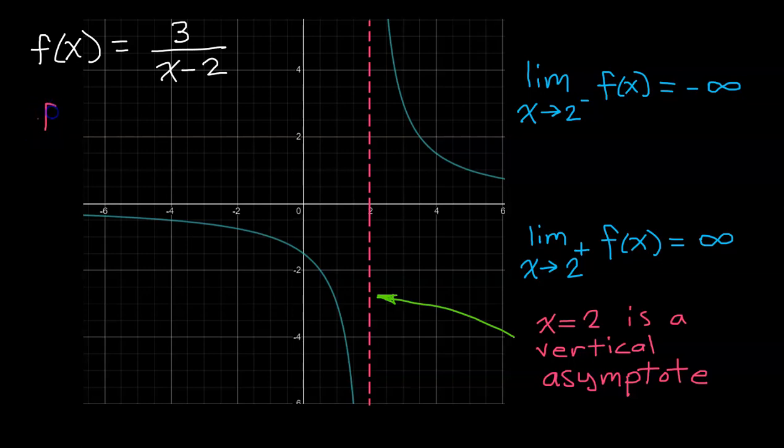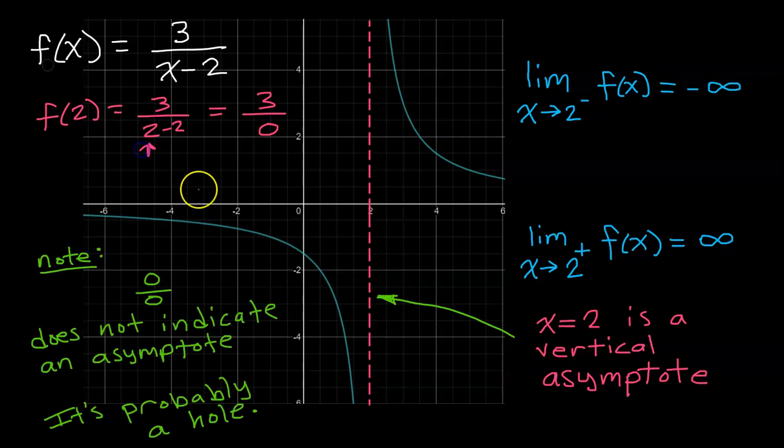For example, in this case, if we do f at 2, we wind up with 3 over 2 minus 2, which gives us 3 over 0. When you have a 0 in the denominator only, that means you have a vertical asymptote. By the way, if you get 0 over 0, that does not indicate an asymptote. It probably means there's a hole.